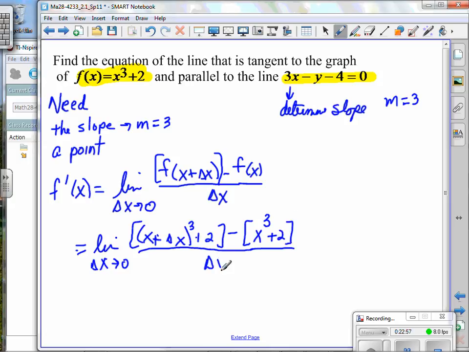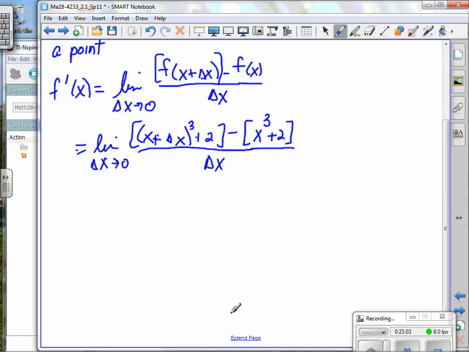divided by delta x. We're back now into section 1.5. Are you ready for the quiz Thursday on section 1.5 and 1.6? I will give you things like this. You don't need to interpret it as slope. You just need to know how to finish it up from here. Now, there's a couple of things you can do.